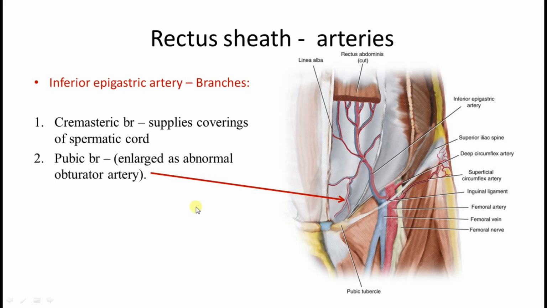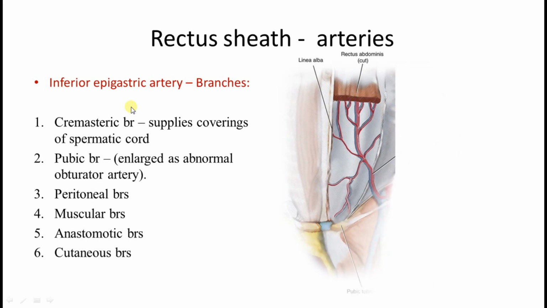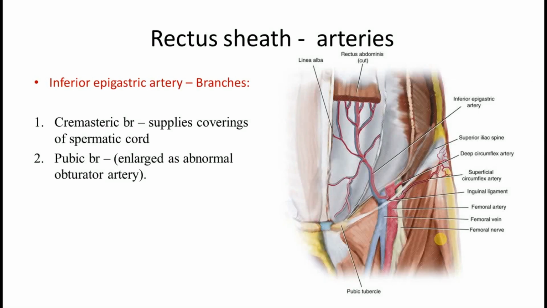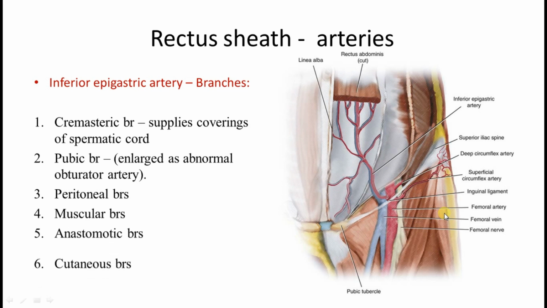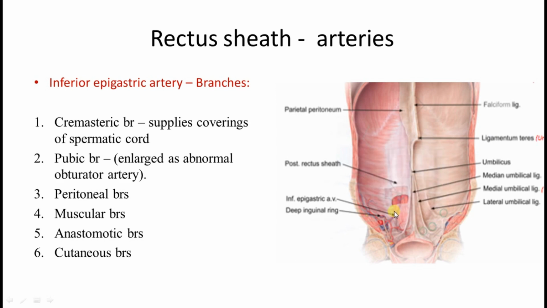So the cremastric branch, the pubic branch, then you have other muscular branches, peritoneal branches and anastomotic branches of the inferior epigastric artery. Now this inferior epigastric artery enters the posterior wall of the rectus sheath.